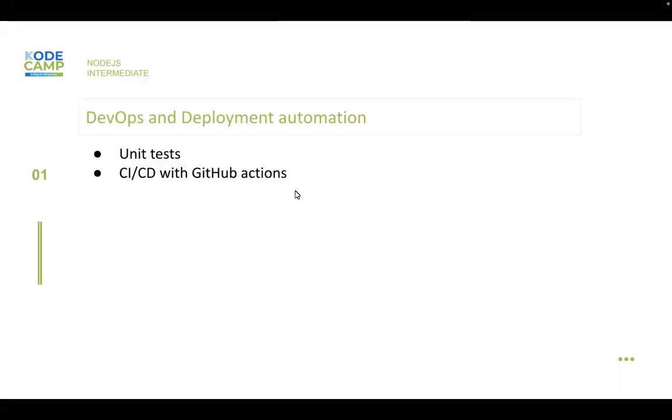Normally, unit testing is not a DevOps thing. It's part of development. So first of all, we'll look at unit tests using Mocha and Supertest. And then we'll look at CI/CD with GitHub Actions and how we can automate the whole process.